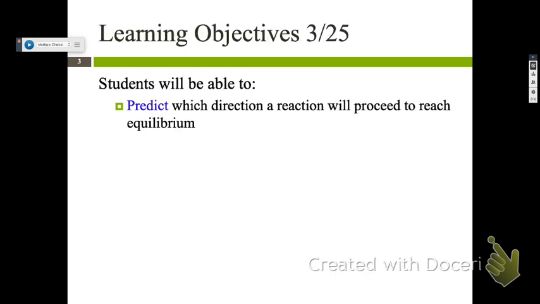All right, so my goals for today are what we did already. Predict which direction a reaction will proceed to reach equilibrium. Determining K, what is Q, how does Q compare to K, what does that really look like, what do we call that? The reaction lies to the left, lies to the right, proceeds to the left to get to equilibrium, proceeds to the right to get to equilibrium, those kinds of things.